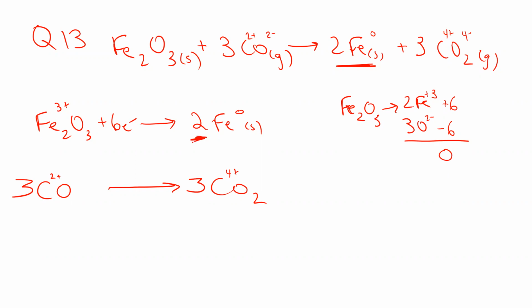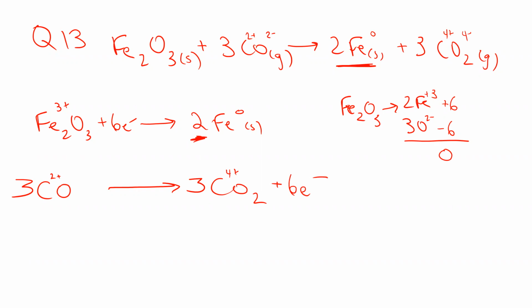And then what's going to happen to my carbon in carbon monoxide for it to go from 2+ to 4+? It's going to lose 2 electrons each. I've got 3 of those, 3 times 2, plus 6 electrons.